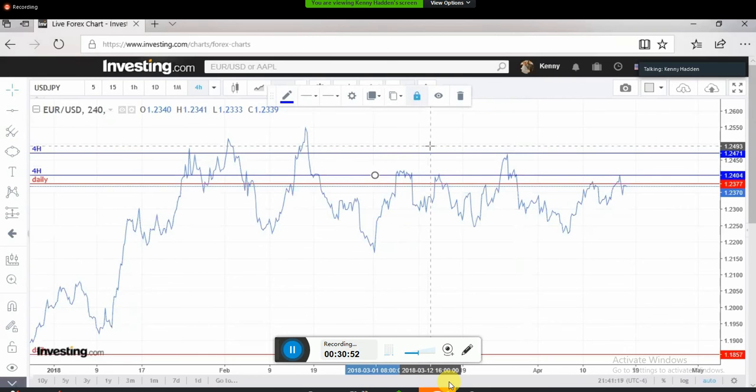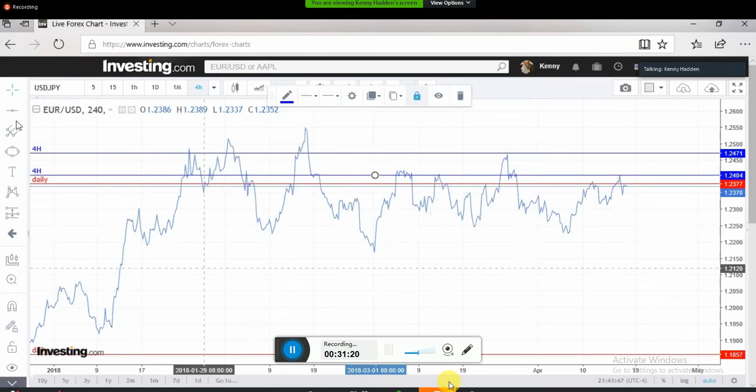So basically, in between the daily support and resistance, I'm gonna try to keep my minimum to about 2 or 3 on a 4 hour chart, because I do not want them to be just on top of each other, because that would defeat the purpose of trying to see what's going on between the support and resistance of my daily chart.